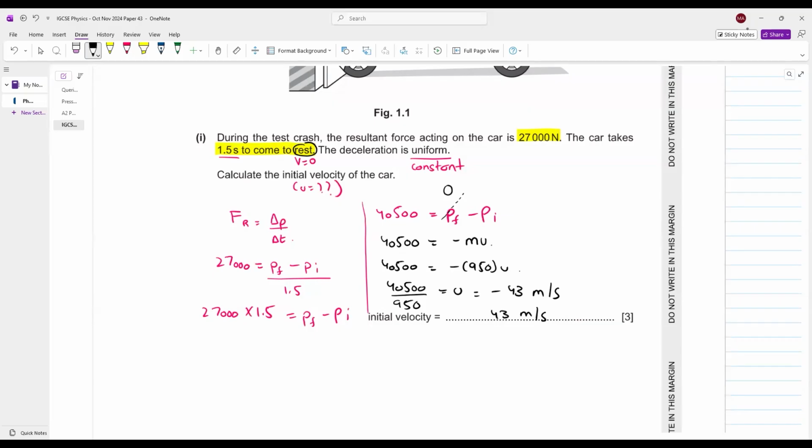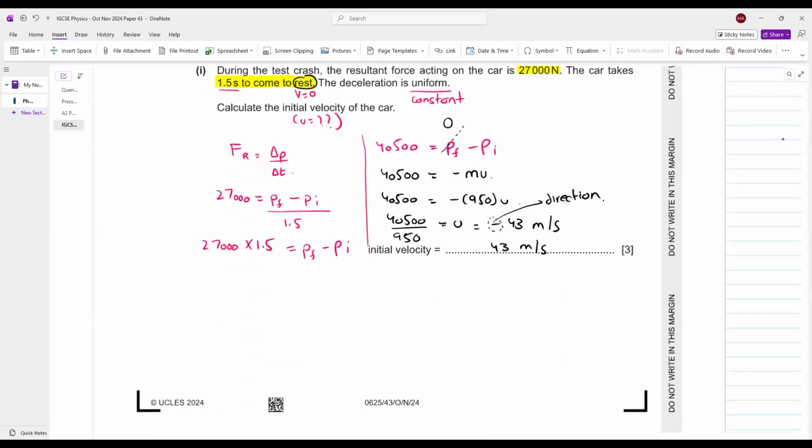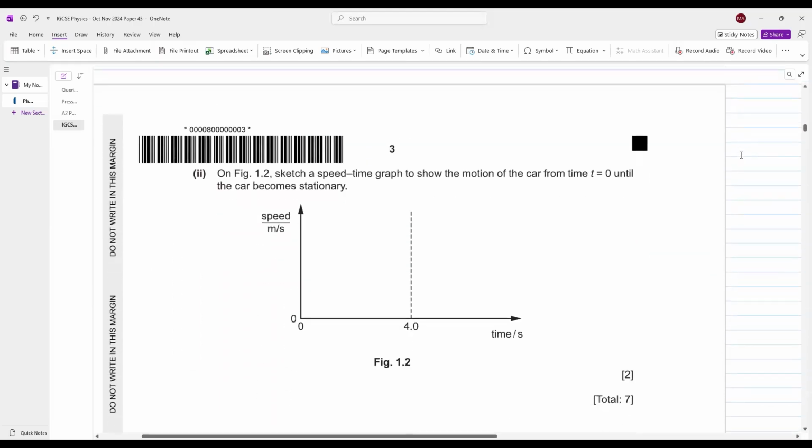The negative sign just indicates direction. Can you realize that this car was moving towards the left? And left side vectors are negative, right side vectors are positive. That's why this velocity was considered to be negative here. So we ignore the negative sign, just write the final answer as 43. Simple. Let's further move ahead.